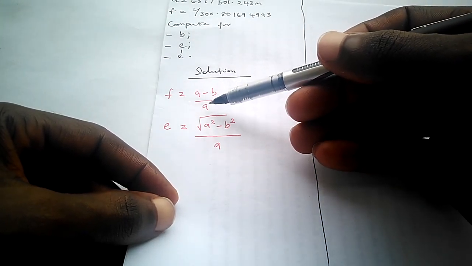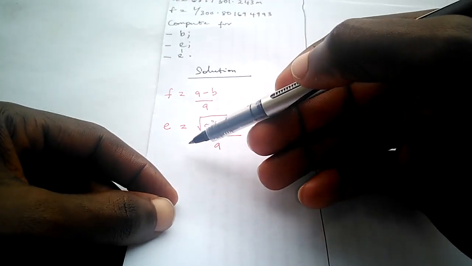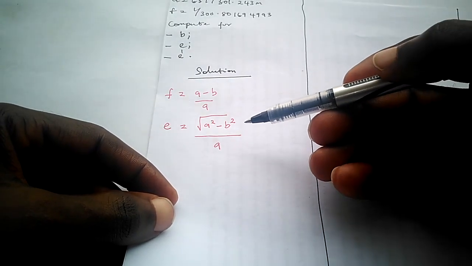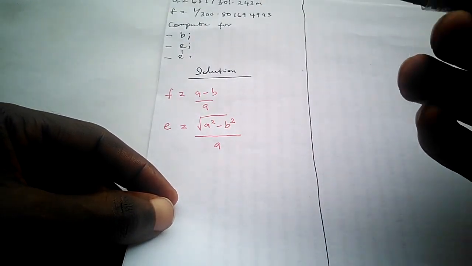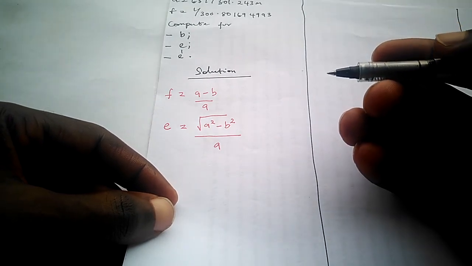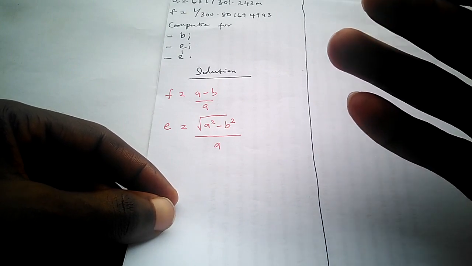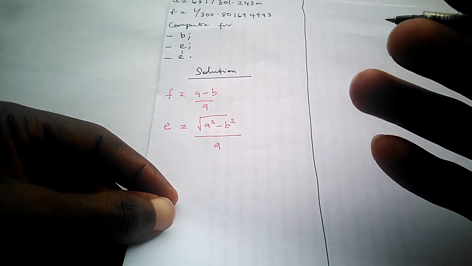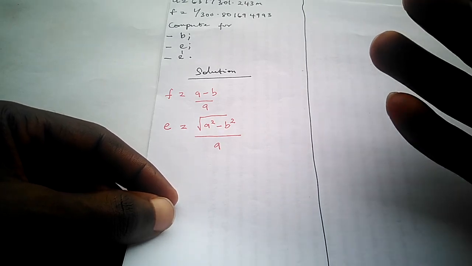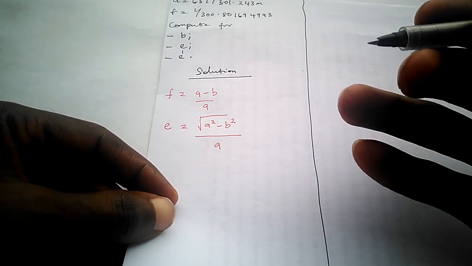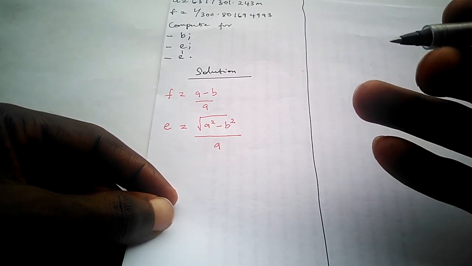I can actually cite the formula for B directly, but I just want us to follow through the steps. It's a systematic process, and having established the basics like this, it will be very easy for anybody, because what we are trying to achieve is your independence in any form of assessment, or if you are studying personally, so that you can know how things come by and you will not have to cram.